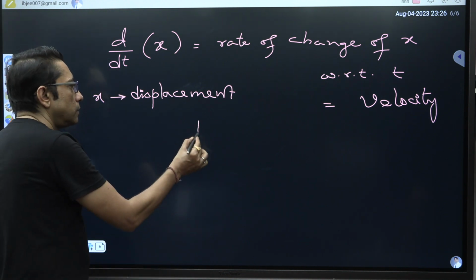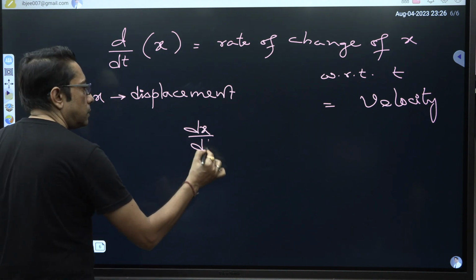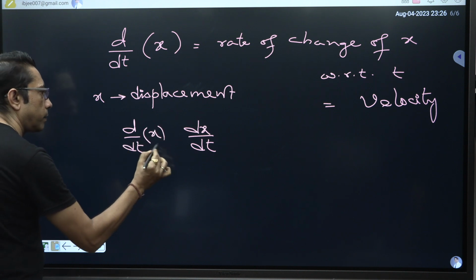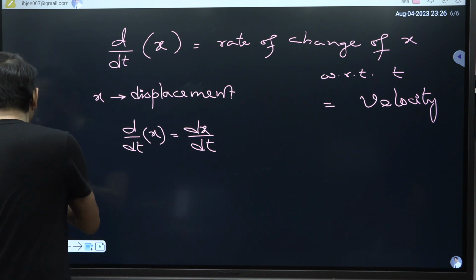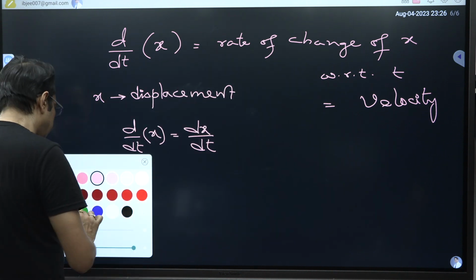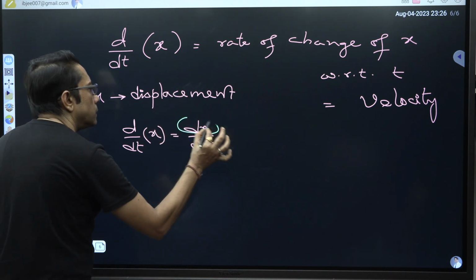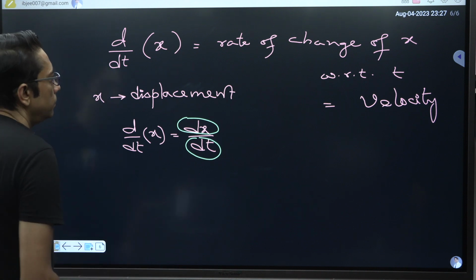If you don't understand this, see this. d/dt of x can also be written as dx by dt. I told you to consider dx separately and dt separately. That can also be done without any problem. So dx means change in displacement, dt means change in time.